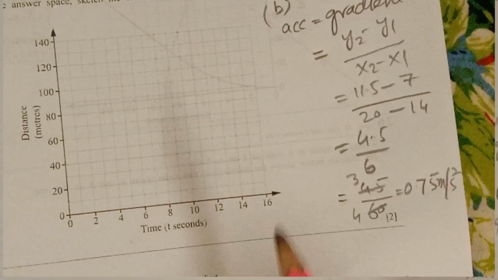Here y is the velocity, so y2 is 11.5 minus y1, this is 7, over x2, which is 20, minus x1, this one is 14. Y is in meters per second and x is in seconds, so the answer will be meters per second squared.